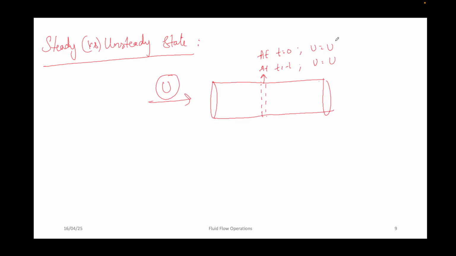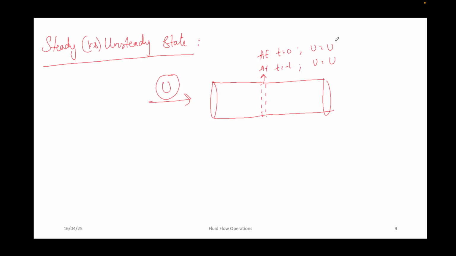But if you are measuring the velocity and after t seconds or t minutes, the velocity of the fluid changes from u to u dash or u2, that cannot be considered steady state, because the flow of fluid is changing.